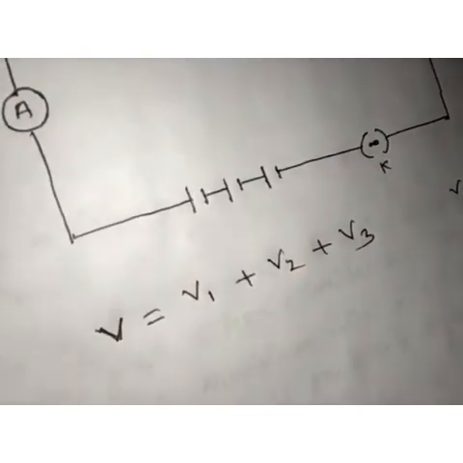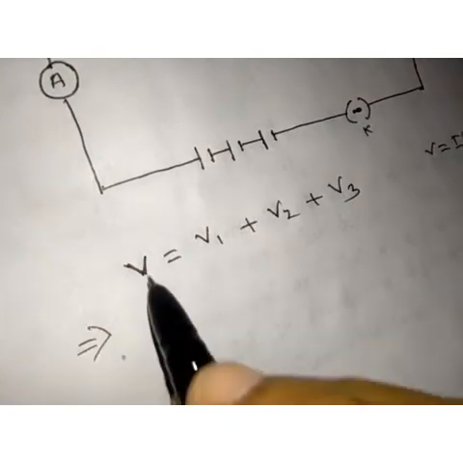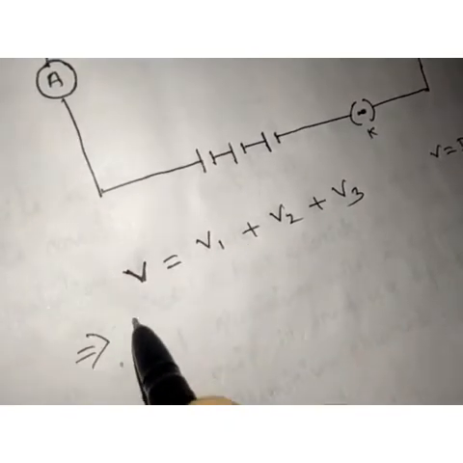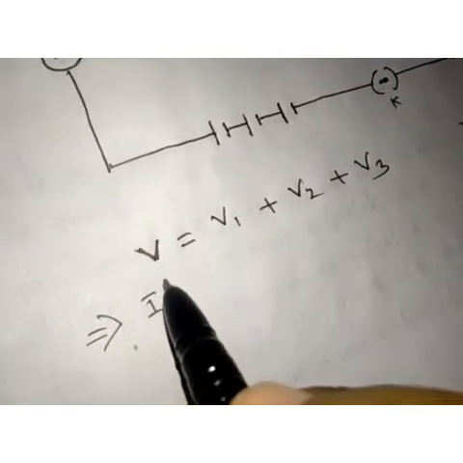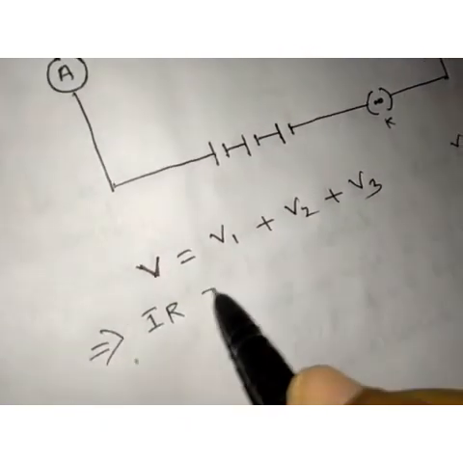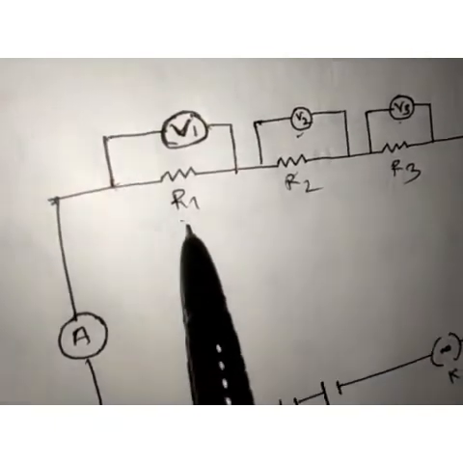According to Ohm's law, V equals IR. In place of V, we can put IR. Then for V1, how much resistance? R1.